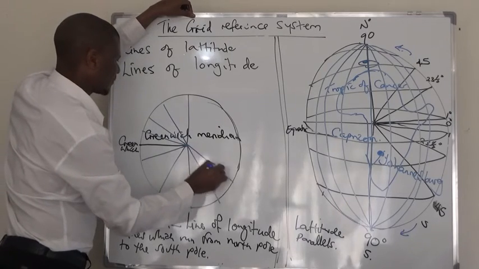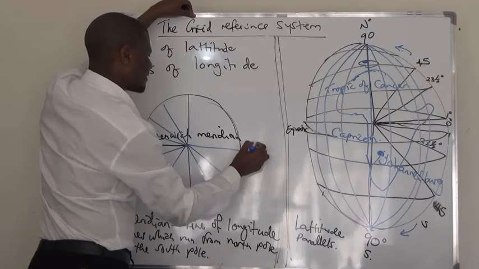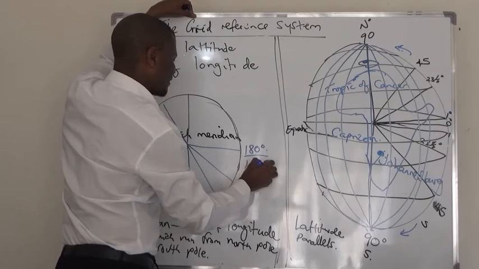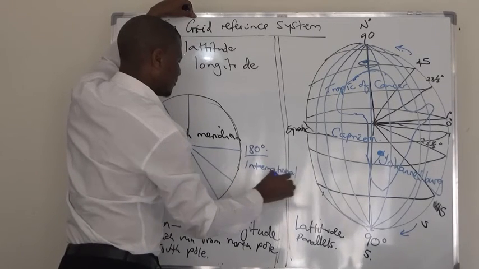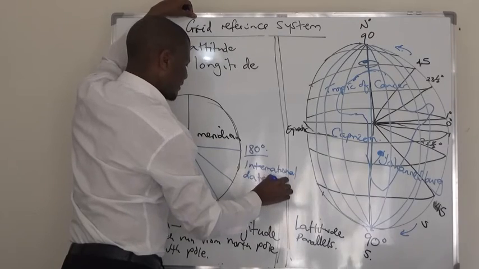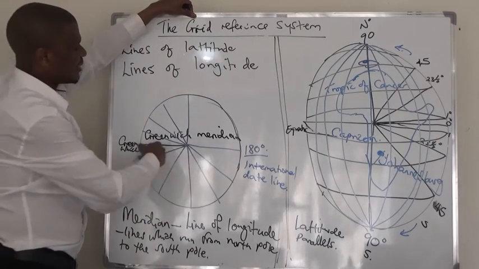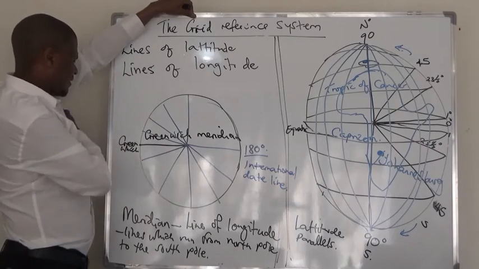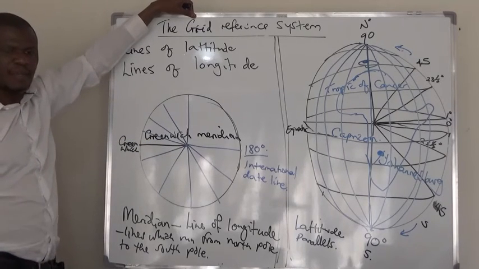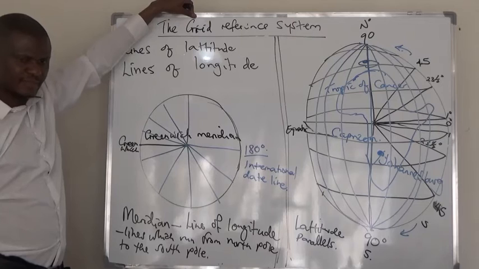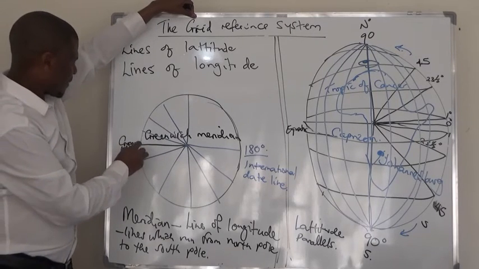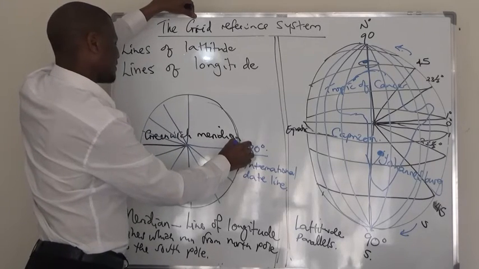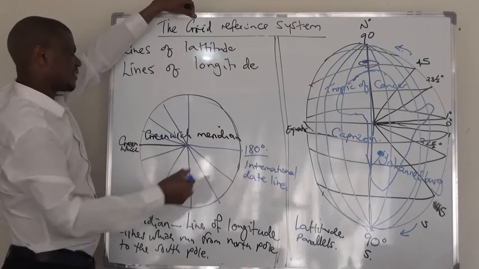So that we have 180 degrees here. What line is then known as the international dateline? The international dateline in this particular case is 180 degrees from the Greenwich Meridian, which basically means that between the Greenwich Meridian and the international dateline, you have this 180 degrees.